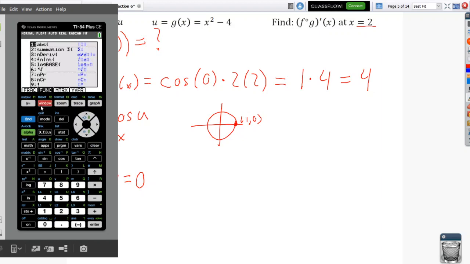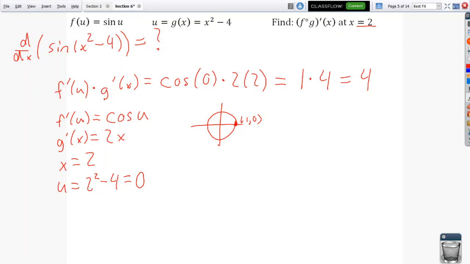So alpha window and nDeriv of sine of x squared minus 4 at x equals 2. Fingers crossed it's 4. 3.999989333. That looks pretty much like 4 to me. It's pretty close, in the right ballpark. Again, when you're using nDeriv, sometimes it's a little bit off, but we can round to the nearest millionth or whatever that is. All right? Cool.